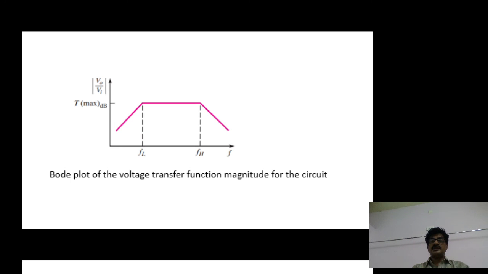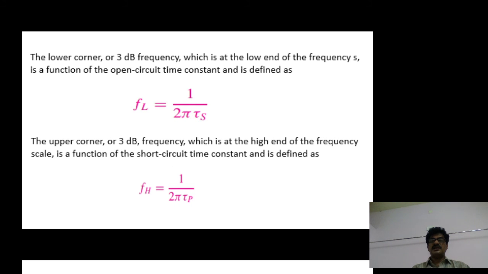This is a diagram called the Bode plot for the voltage transfer function. It represents magnitude versus frequency, the frequency response curve we have seen previously. With reference to this, the corner frequencies, meaning the lower and higher cutoff frequencies, also called the 3 dB frequencies, are functions of the time constants.